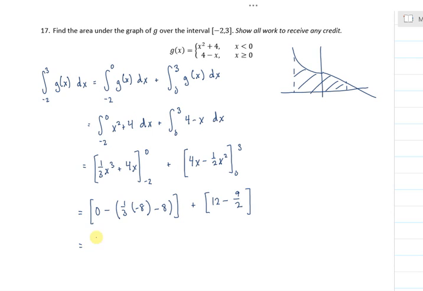So this is, okay, 1/3 times -8 is -8/3. So I have 8/3, the negative and negative cancel, plus 8, plus 12, minus 9/2.